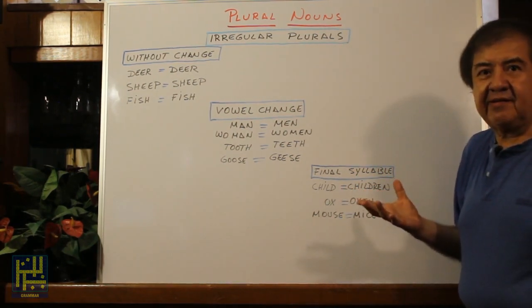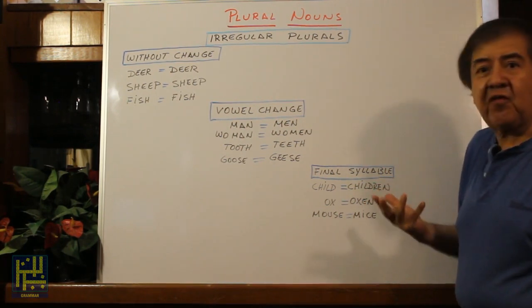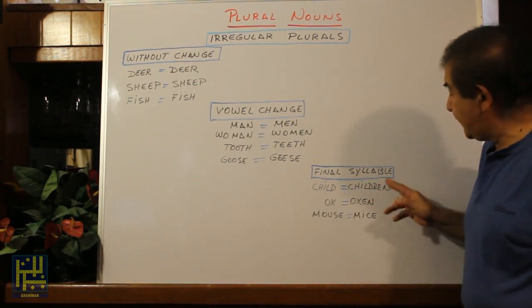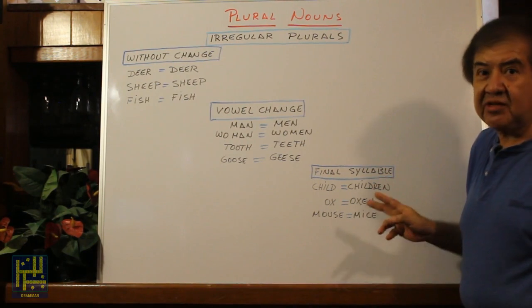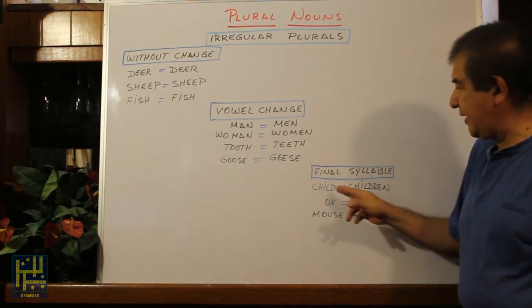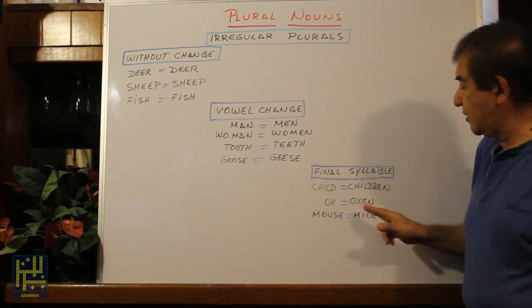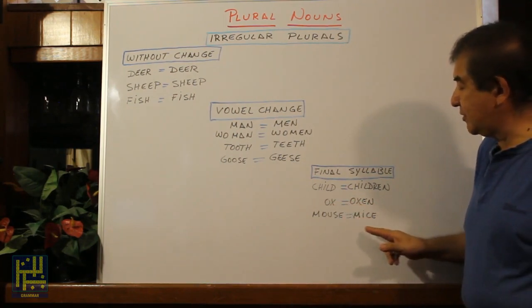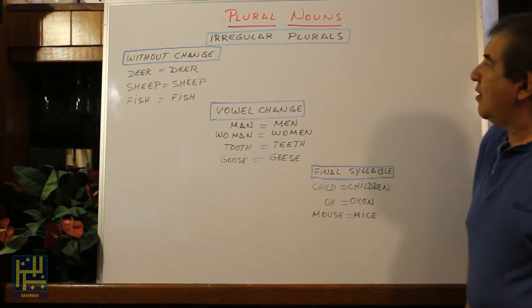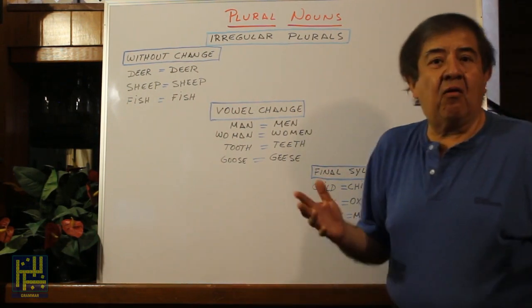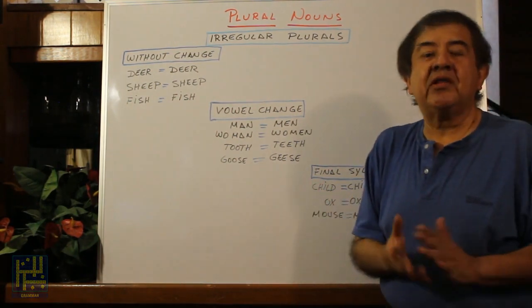And here it is very common also to find that some students say children's. Children is a plural already. The singular is child. Child, children. Ox, oxen. Mouse, mice. Okay, that is all about the plural noun formation.